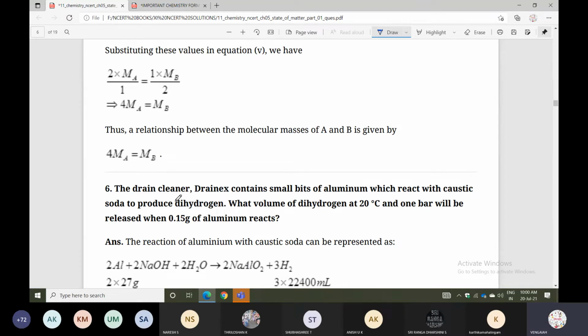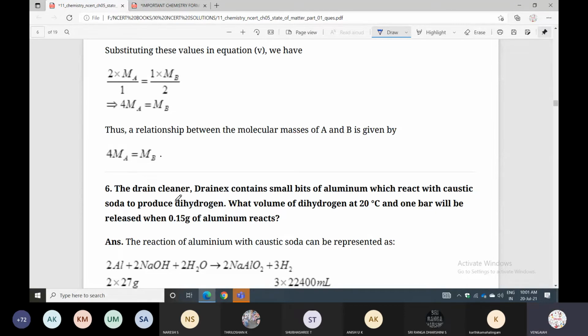Okay? Next question. The drain cleaner Drain-X contains small bits of aluminum which reacts with caustic soda to produce dihydrogen.